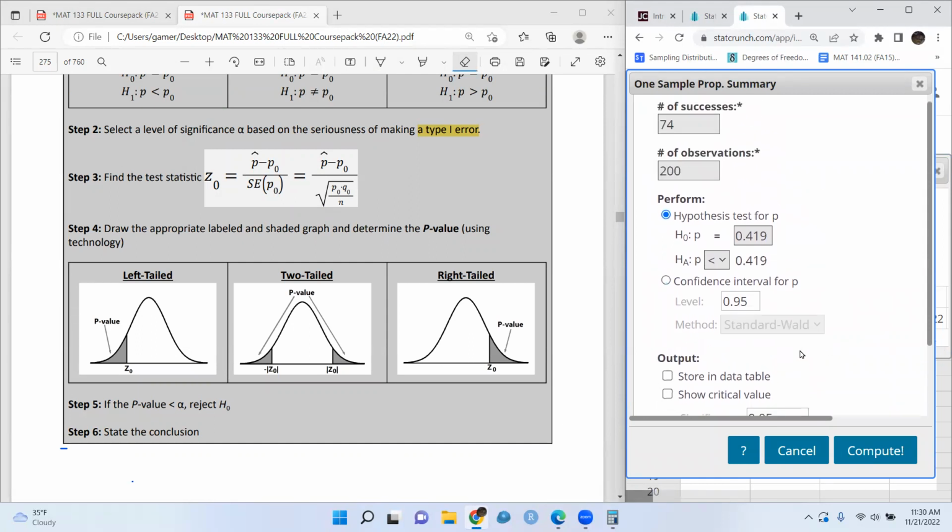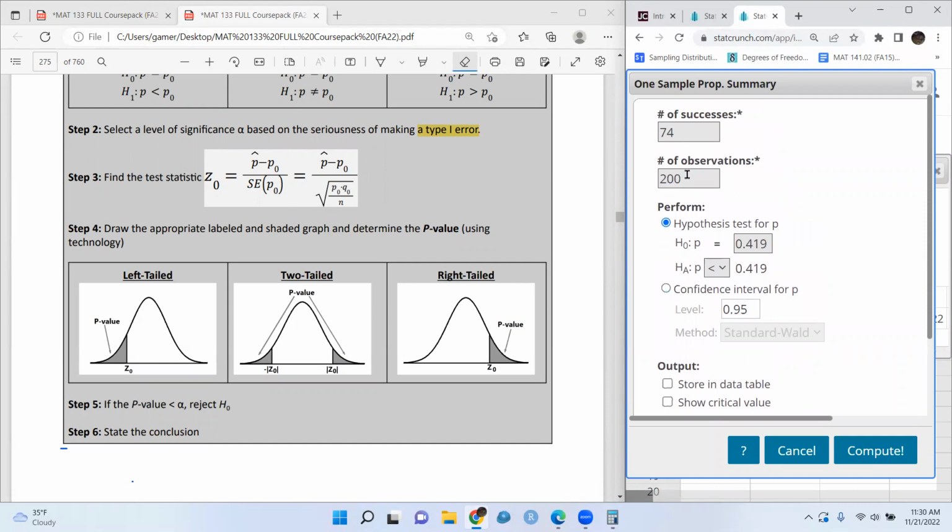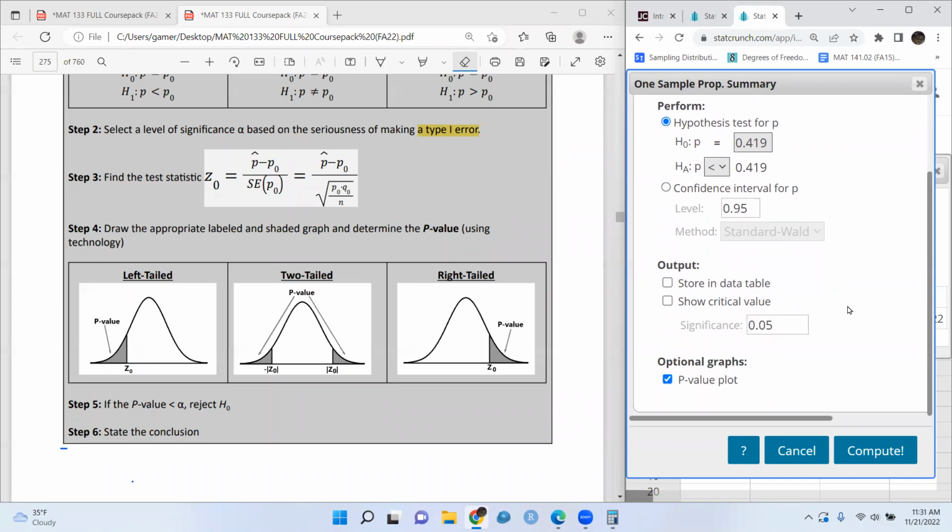Does everyone see what I'm doing? I put in my x, my n, my p naught. I selected my alternative hypothesis, which notice it's A here in StatCrunch, and it's 1 in the notes. So maybe we should stick with A in our writing, whatever's easier for you all.